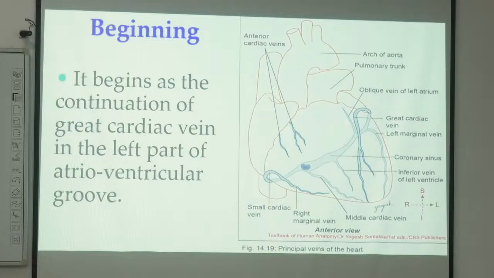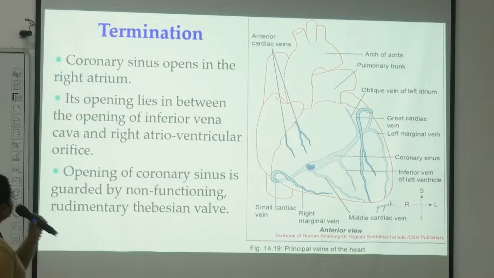Then it turns around the left border of the heart, and from its termination the coronary sinus is started. So it begins as the continuation of the great cardiac vein in the left part of the atrioventricular groove. This is the beginning of the coronary sinus.